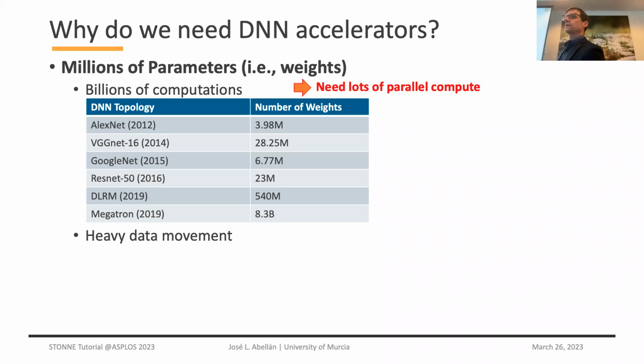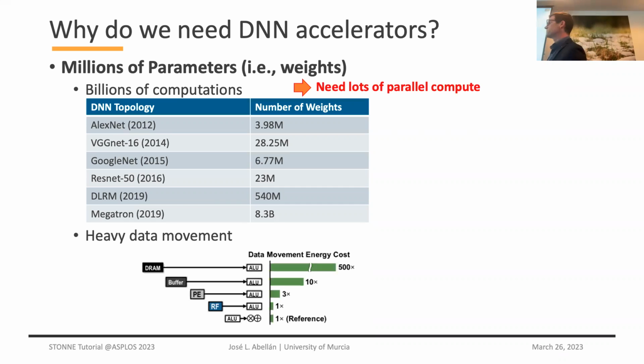On the other hand, to fetch all this huge amount of data, we need heavy data movement, but we are very constrained, especially in edge devices, because data fetched from DRAM, the off-chip memory, to on-chip memory costs much more energy than an operation in which the operands are in the register file, for example.